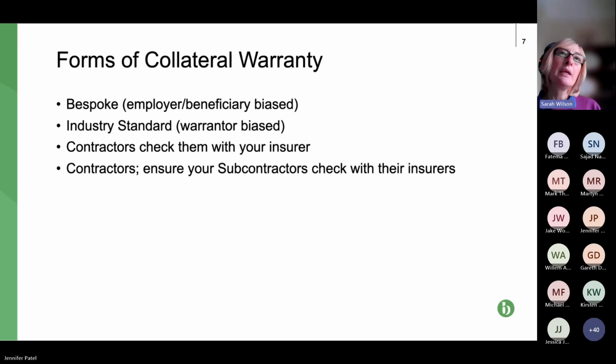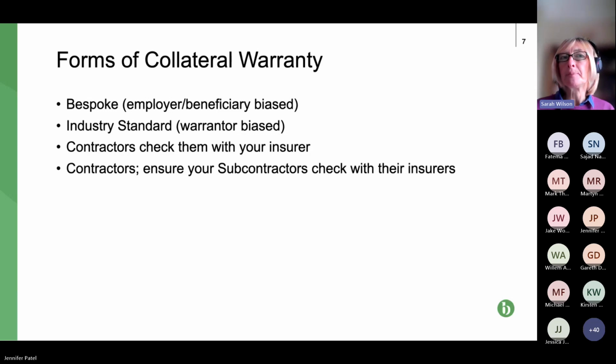So the next point to think about is for contractors and subcontractors: get your insurers, particularly professional indemnity insurers, involved. They are usually happy to review these documents and give their position on it. Even if you're not interested in what their view is, it sometimes helps with negotiations.